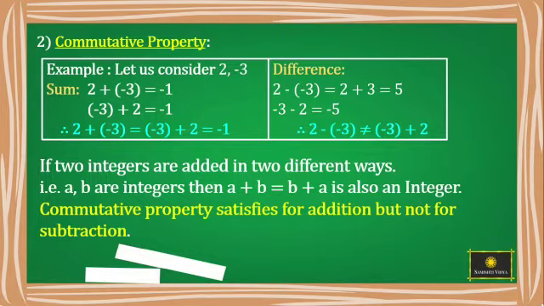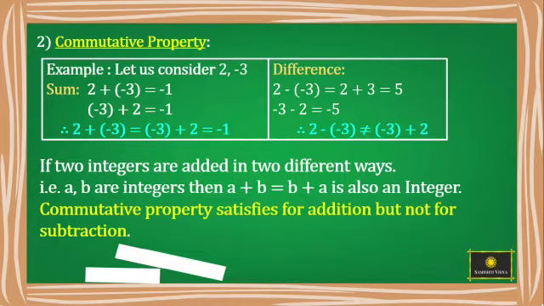Now let's find the difference of 2 and minus 3. 2 minus minus 3 is equal to 2 plus 3, that is equal to 5. Whereas minus 3 minus 2 is equal to minus 5.